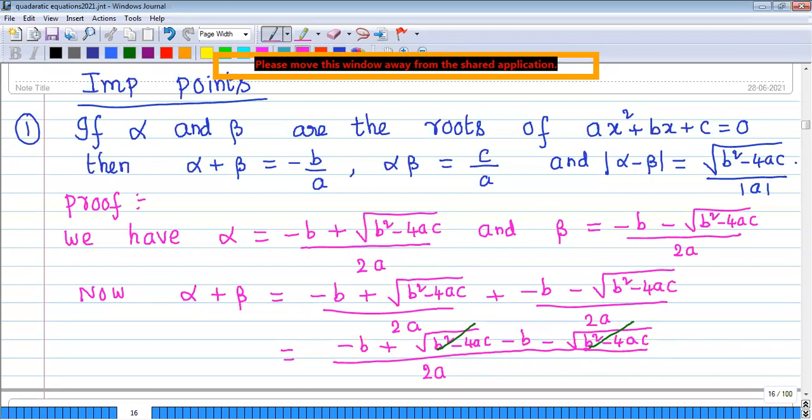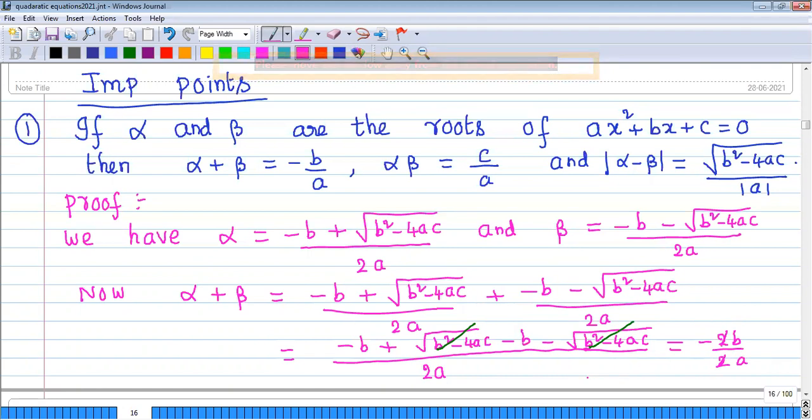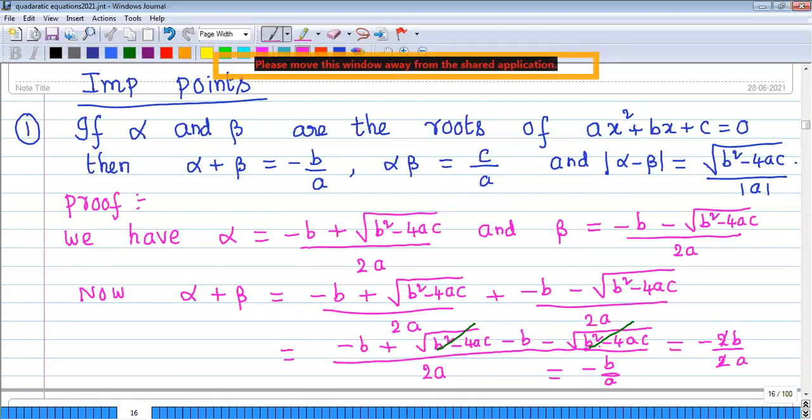So in the numerator we have minus b minus b, that is minus 2b, upon 2a. This 2 will get cancelled, so we have minus b upon a. Hence it is proved. So without finding the roots of a quadratic equation, their sum can be obtained using this formula, minus b upon a.